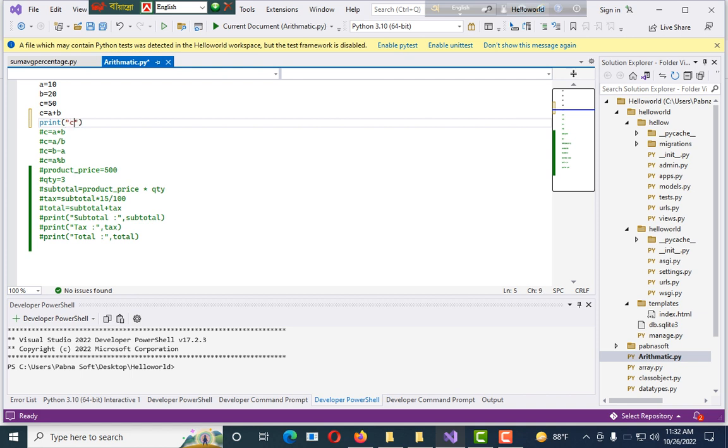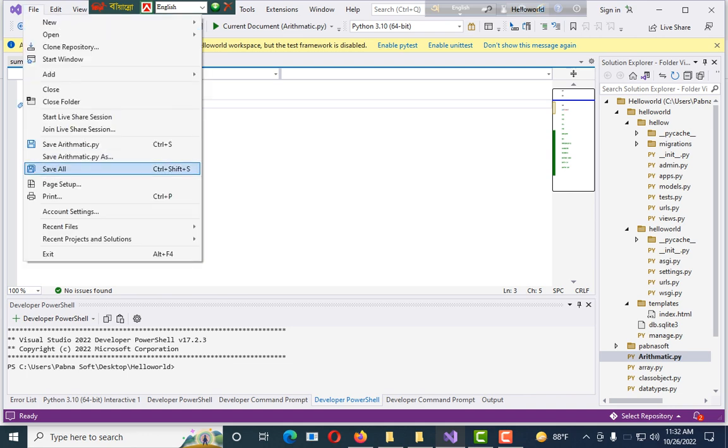c is a plus b, equal to, a plus c. Okay, c.